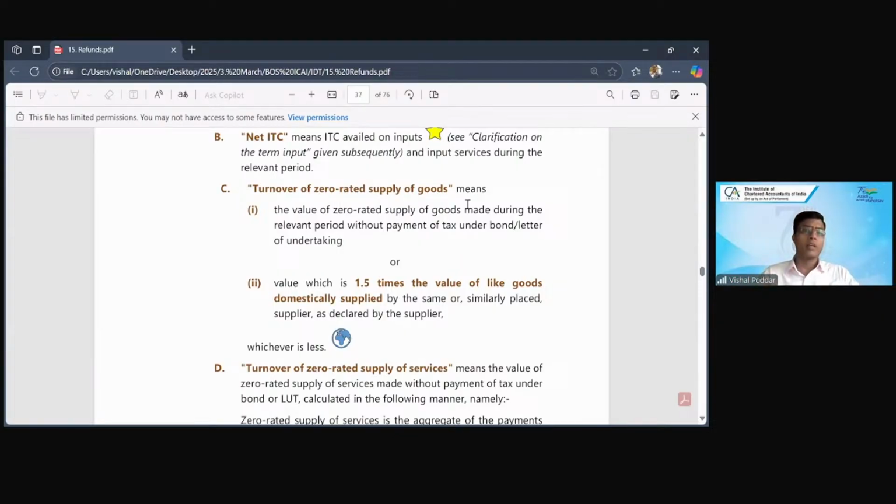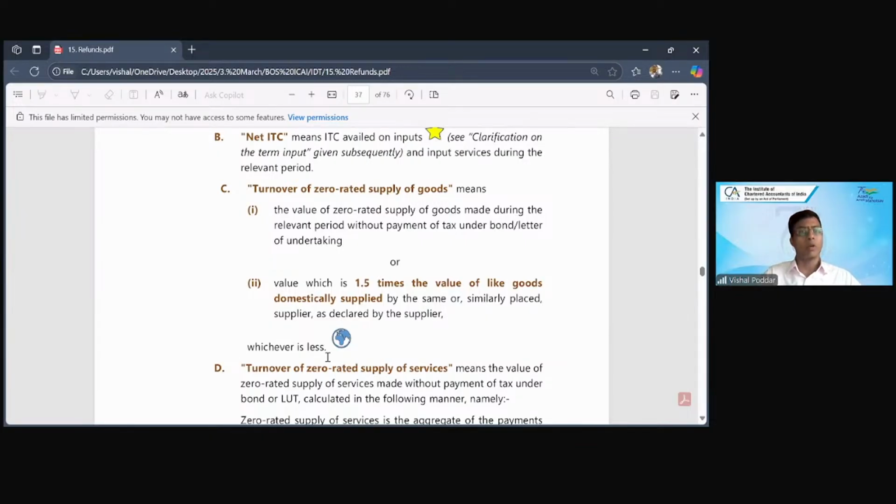So in the numerator, you'll only take the value of that export or zero rated supply, which is without payment of tax. But the interesting part is the second, or value which is up to 1.5 times of what? Of the value of same goods when supplied domestically by the same or similarly placed supplier as declared by the supplier. Out of both these values, whichever is less.